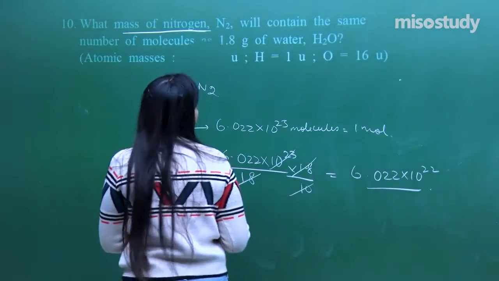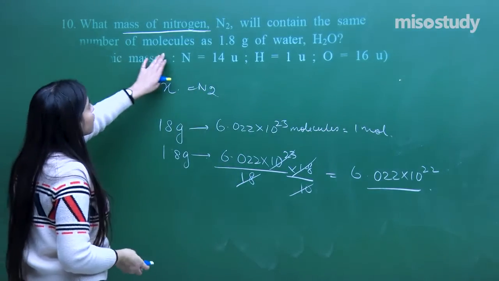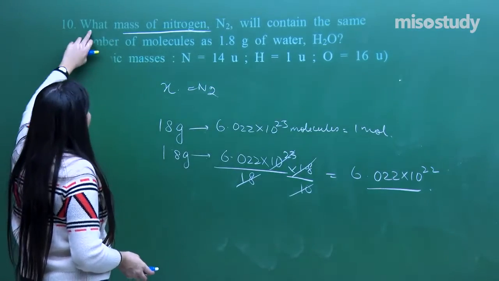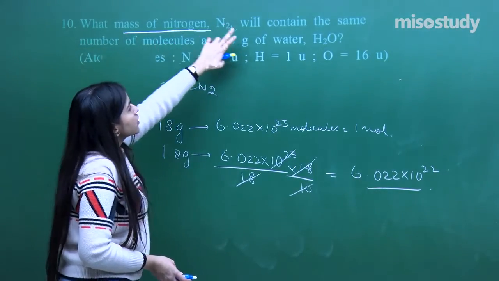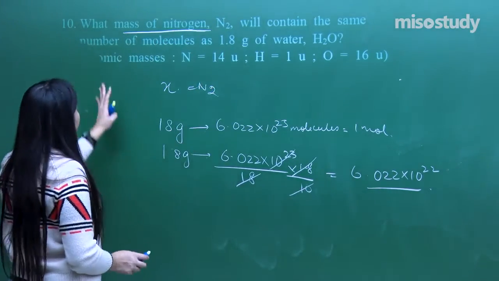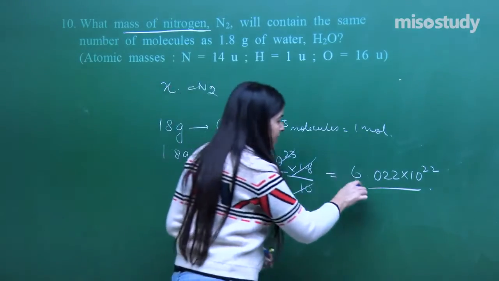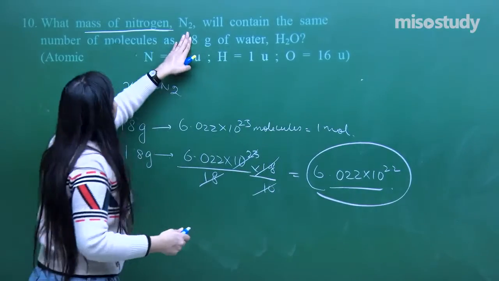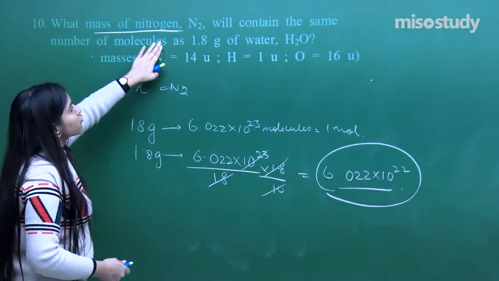So first of all, what I have calculated is the number of molecules in this much water. What mass of nitrogen will contain the same molecules? Now we should consider these molecules for the nitrogen gas.